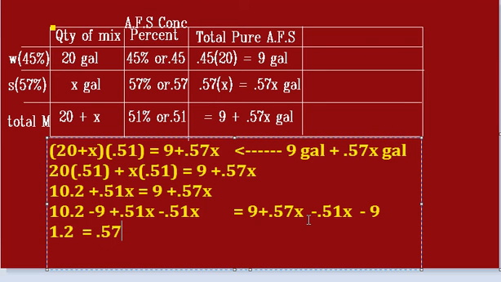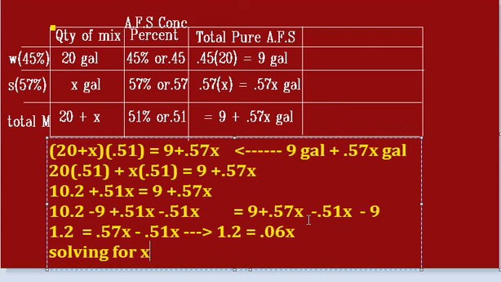So further we can say that 1.2 is simply equals to 0.06x, and solving for x is equals to 1.2 divided by 0.06, and that is equals to 20 gallons.